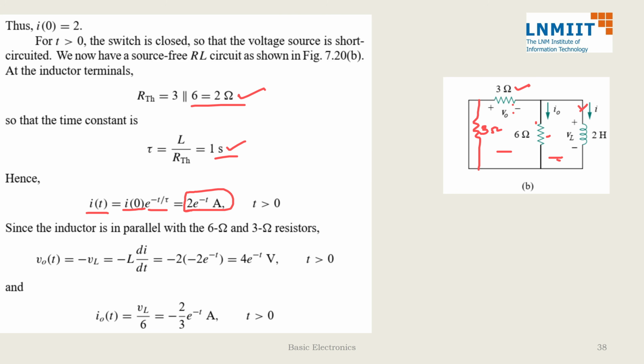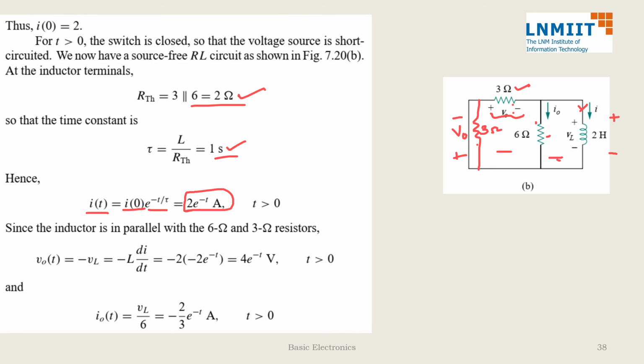But there is one catch. The voltage across inductor we are measuring plus above, minus below, because current is entering from plus. But my observation voltage across this 3 ohm is plus below, minus above. That is V naught. So I can say that whatever is the voltage across inductor, minus of that will be the voltage across 3 ohm.